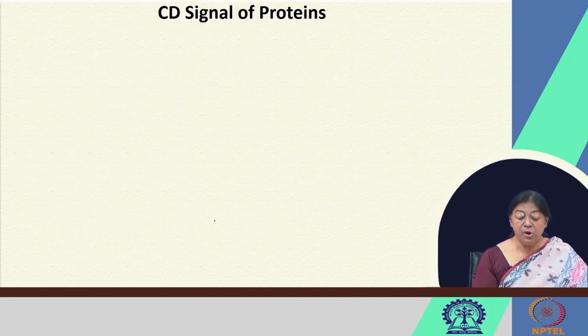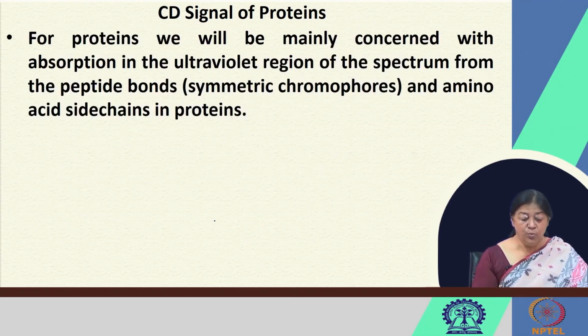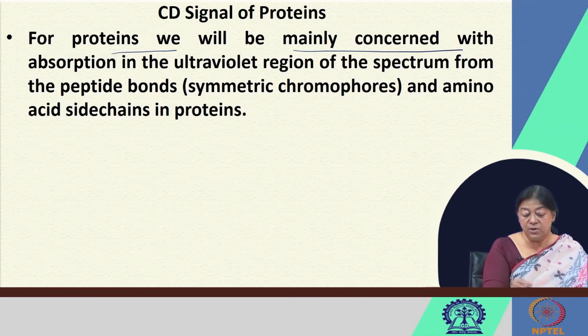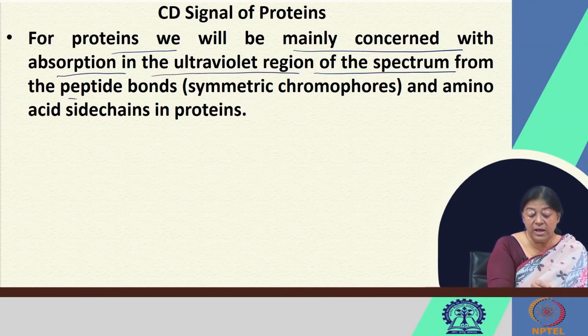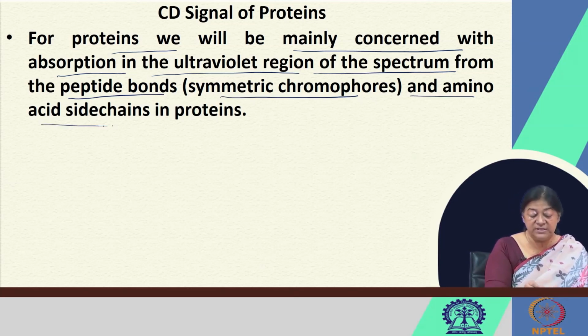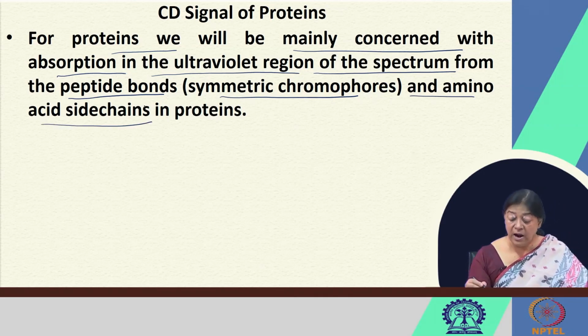So, the importance here is the CD signal. When we are looking at the CD signal of proteins, we are mainly concerned with the absorption in the ultraviolet region of the spectrum. We are looking at the peptide bonds, which are symmetric chromophores, and also the amino acid side chains, but here we are looking at the peptide bond that we form between the C double bond O and the NH.